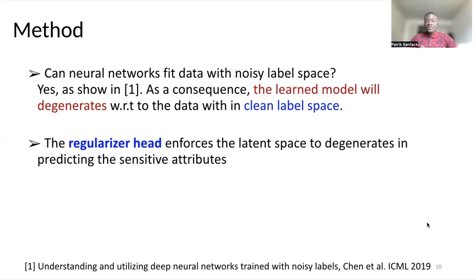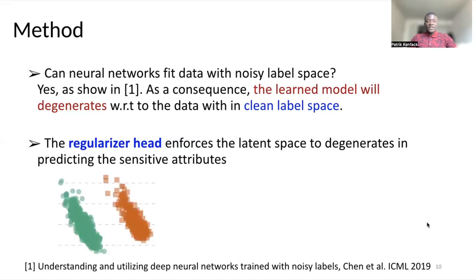As a consequence, if we train a neural network on this noisy label space, the learned model will degenerate, and then it will never generalize well on clean label space. So our regularizer head here enforces the generalization of predicting the sensitive attribute from the learned representation.